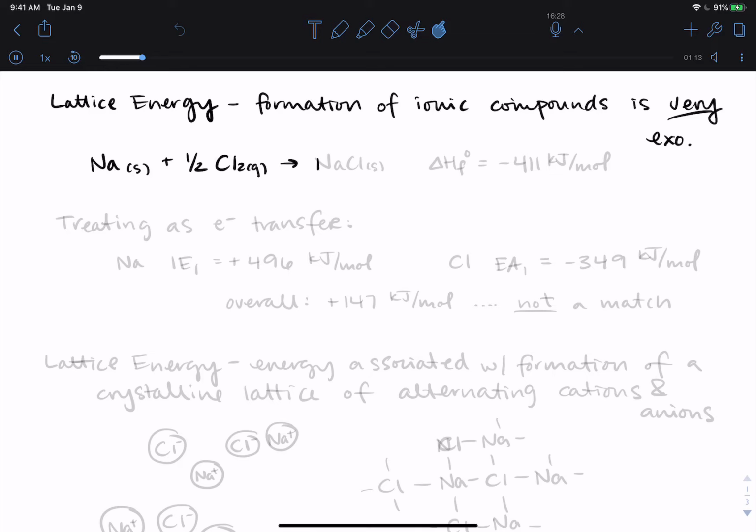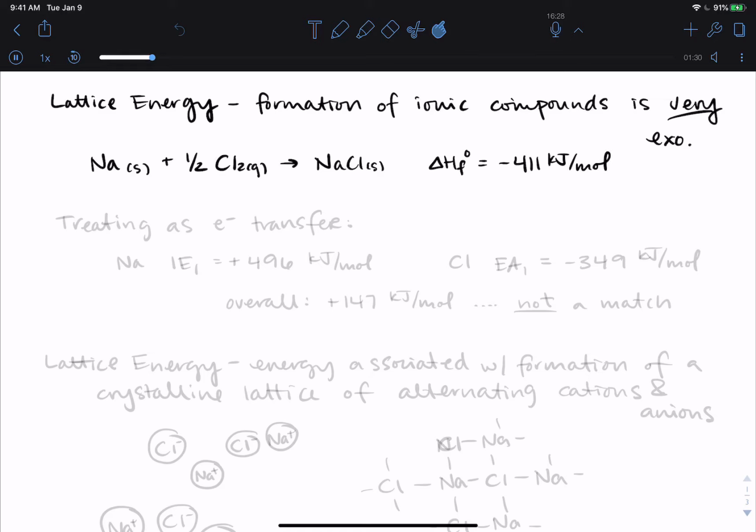So we only need half of that Cl2 to make NaCl solid. The standard enthalpy of formation for this is negative 411 kilojoules per mole.